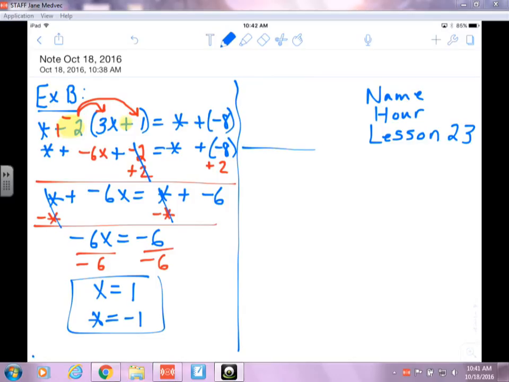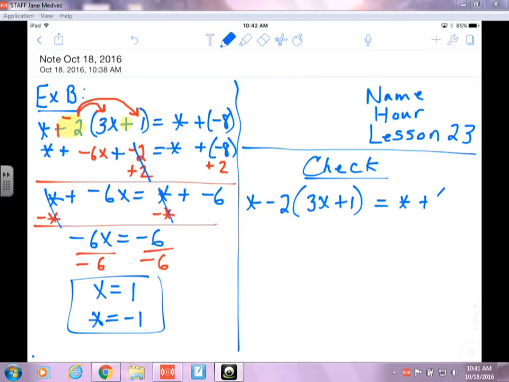Okay? So now let's go ahead and do our check. Again, I'm going to write down the original problem. So star, oops, sorry, it's a check. I'm going to take my star out and put in negative 1.